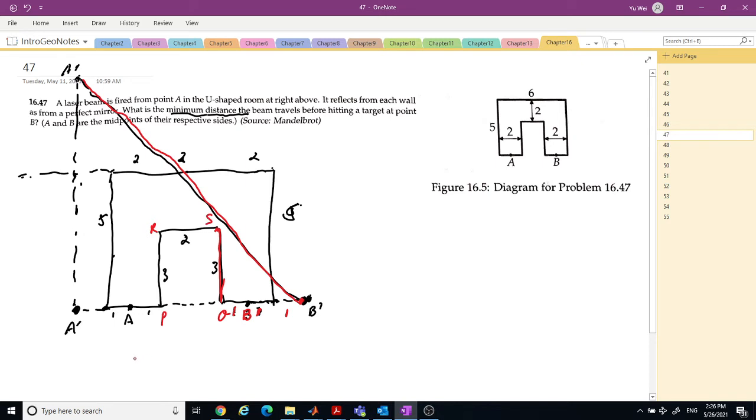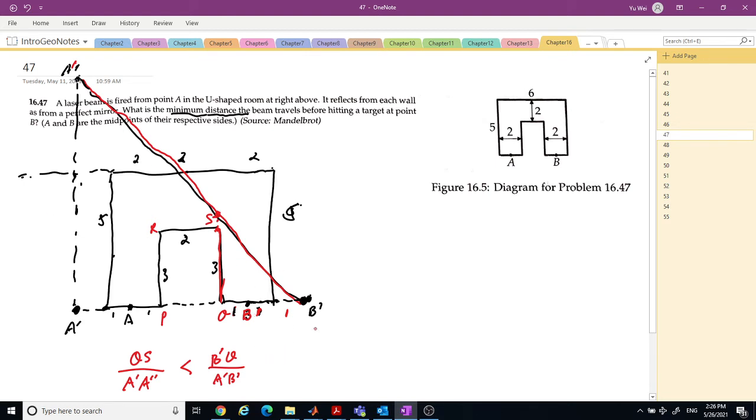So we want to prove QS over A prime prime A double prime is less than B prime Q over A prime B prime. Because if they are similar, right? If they are just on here, that means the triangle B prime Q is similar to the big triangle, right?